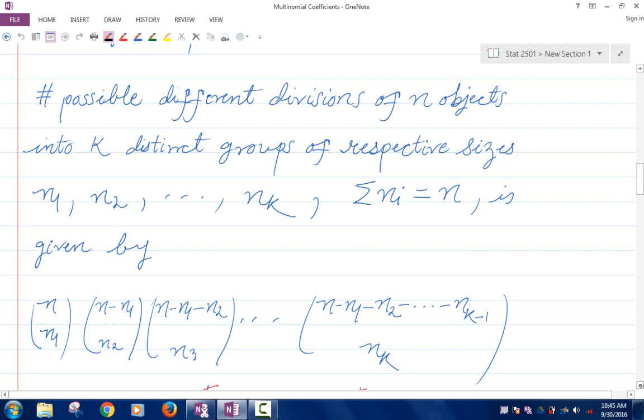So we looked at how many ways we can pick group 1, how many ways we can pick group 2, how many ways we can pick group 3, how many ways we can pick group 4, and so on. And then we multiply them to get the total number of ways we can divide n objects into k distinct groups of sizes n1, n2, dot dot dot, nk.